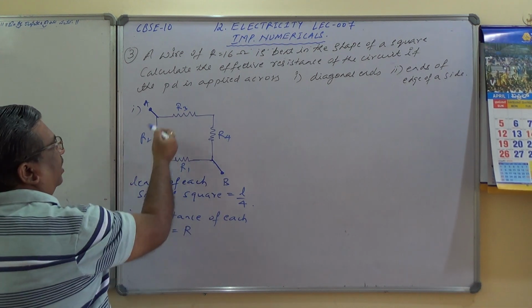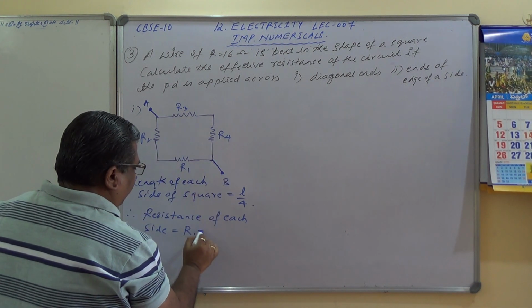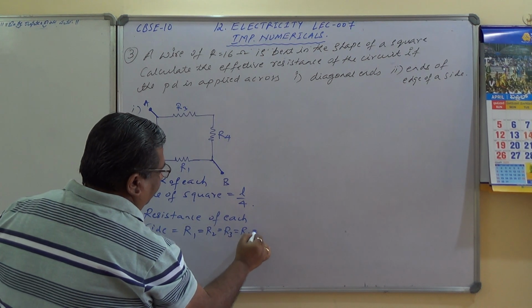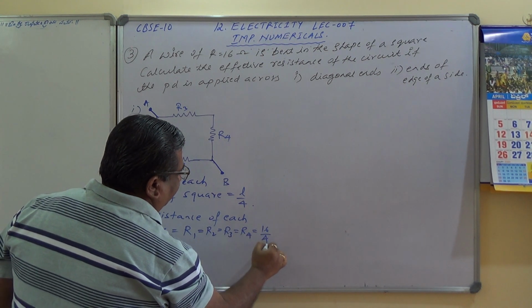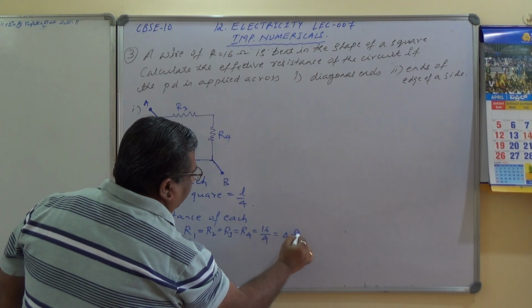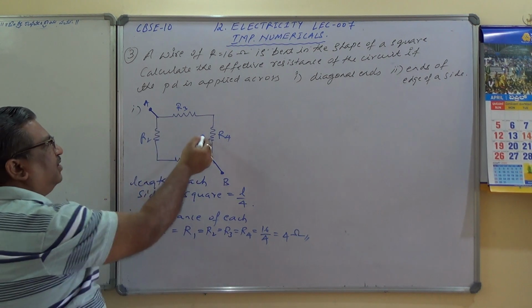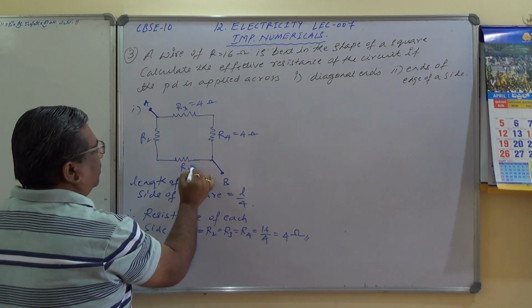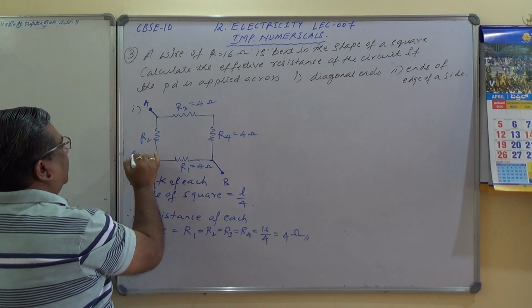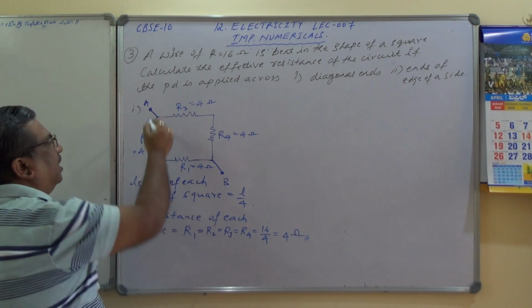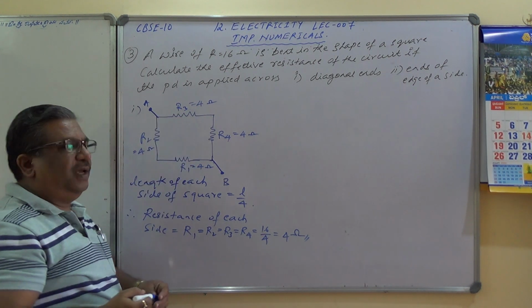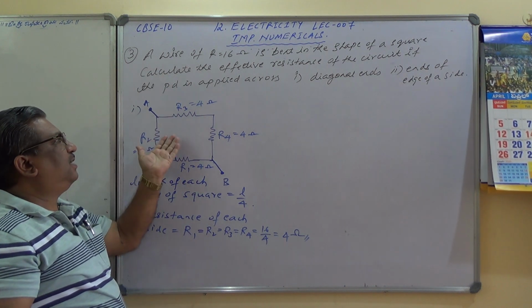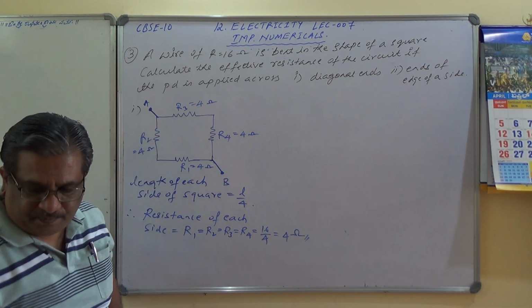R1 equals R2 equals R3 equals R4 equals 16 by 4, which is 4 ohms. So each resistance will be 4 ohms, 4 ohms, 4 ohms, and this is also 4 ohms. If L is the length, each side will be 1/4 of L, and therefore if resistance is 16, each segment resistance will be 1/4 of it.